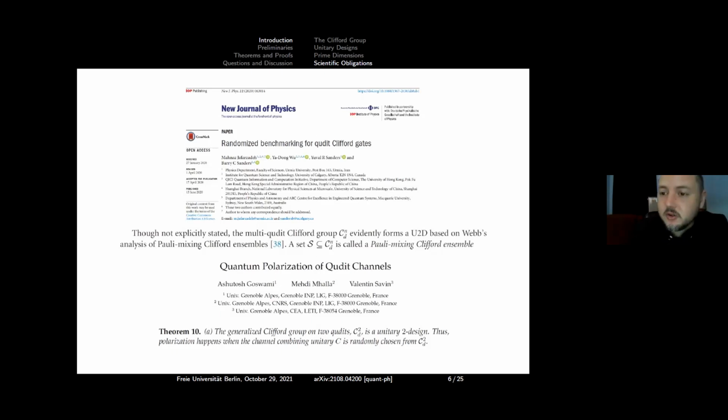And I would also like to point out something that was pointed out to me by Markus Heinrich. So in 2005, an author by the name of Bannai did some heavy work on group unitary designs. And there's actually a 95-page pure math paper where, together with the classification of finite simple groups, one could see that the Clifford group is not a design.